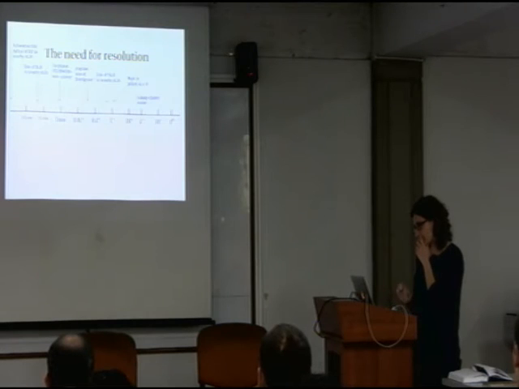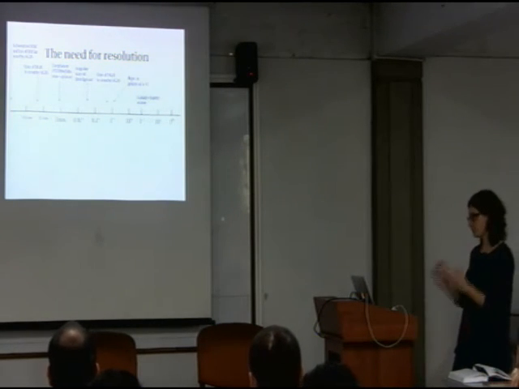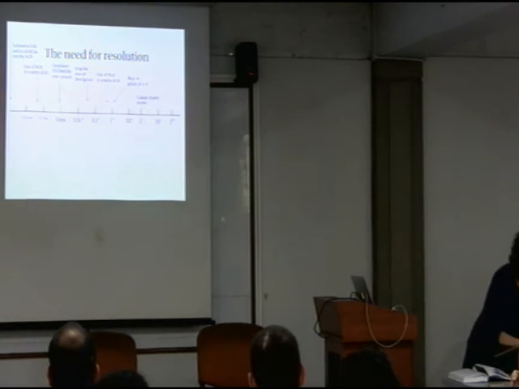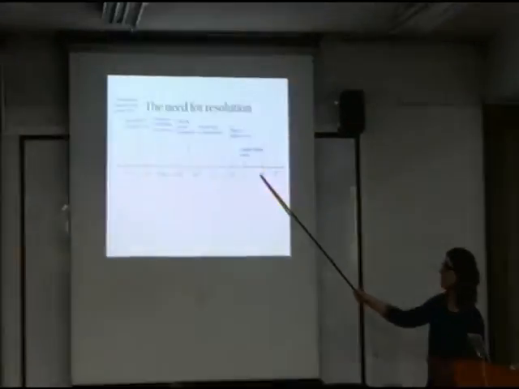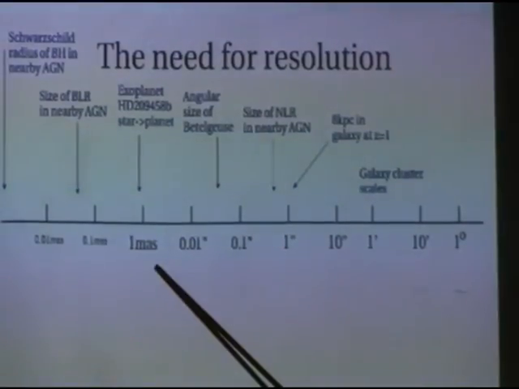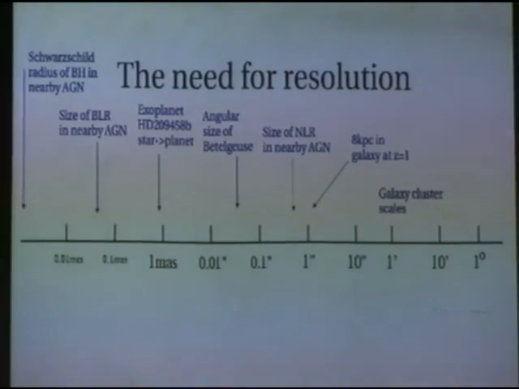Okay, so here Neil prepared this ruler where you have the different scales: degree size, 10 minutes, 1 minute, 1 arc second, 1 milliarcsecond, a hundredth of a milliarcsecond.